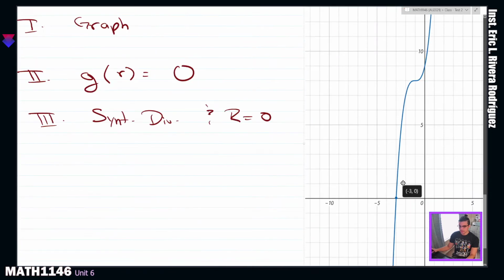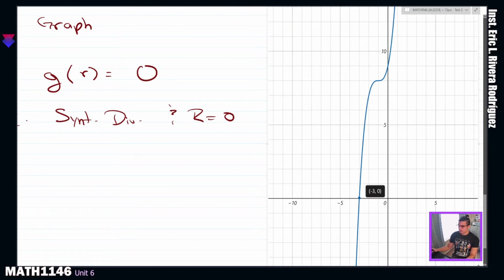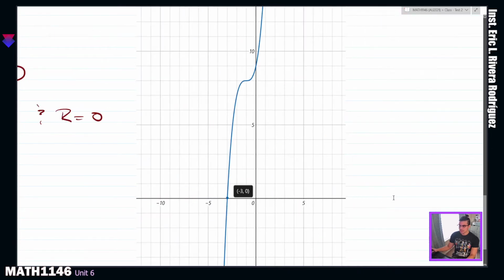Here is the graph of that polynomial, g of x. That's the graph. In the graph, you need to remember the coordinate plane, we are going just to see real zero.